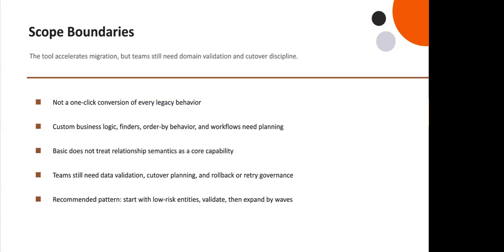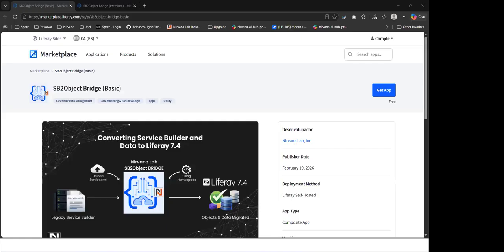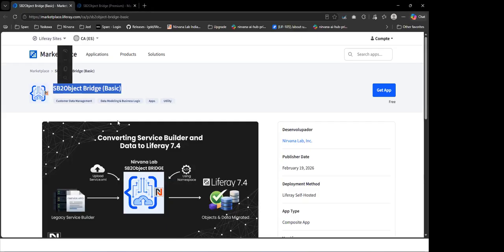So, this is the SB2 Bridge. We have limited time, and I think we are running out of time. Both applications, the basic and the premium version of SB2 Object, are available in the marketplace. If I can show you, yes, the basic version is available in the marketplace.